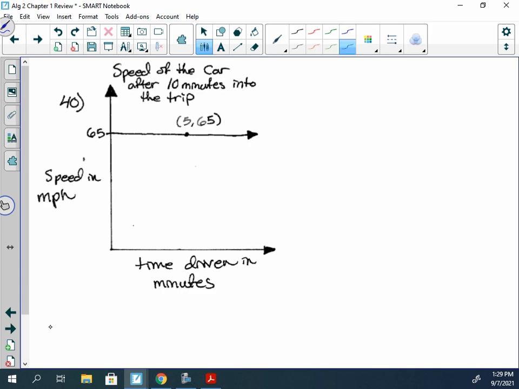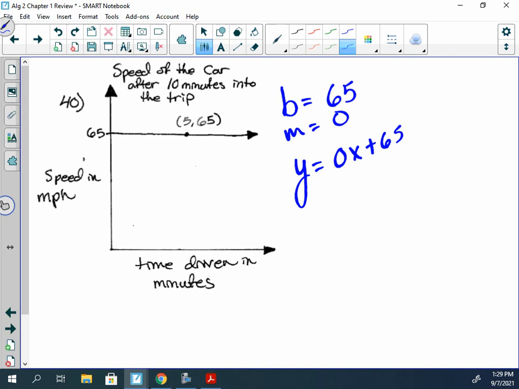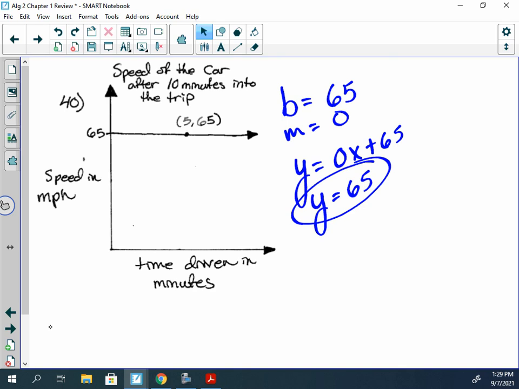So did they give us the y-intercept? Does this go up or down at all? So the slope is 0, so y equals 0x plus the constant, would be the equation.